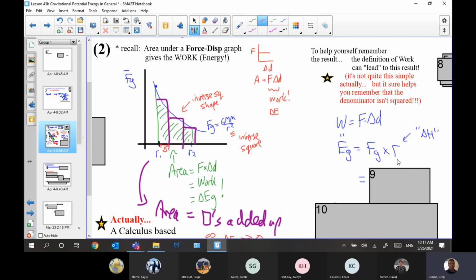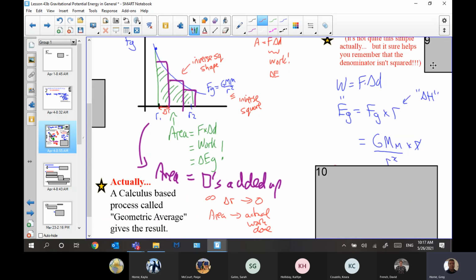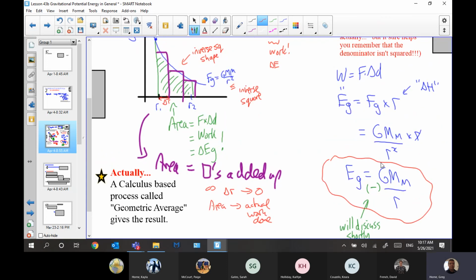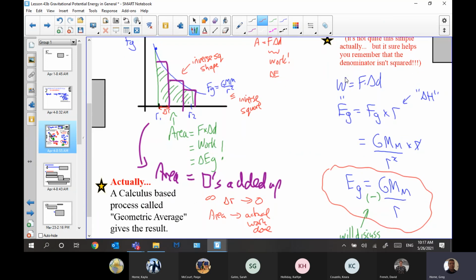And that's your gravitational energy, right? So the idea is Gmm over r squared times r. So r squared becomes an r. The r's cancel out, right? So it gives that formula in not exactly a true way, but it helps you remember it.